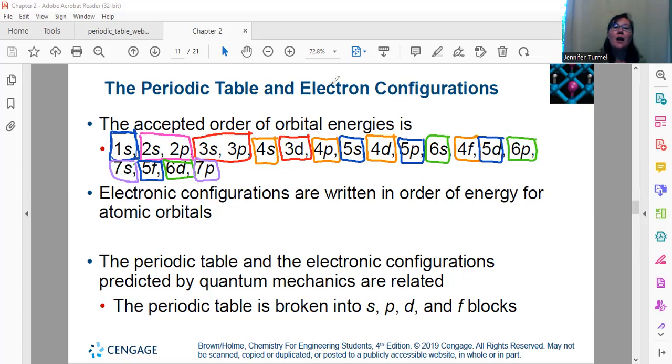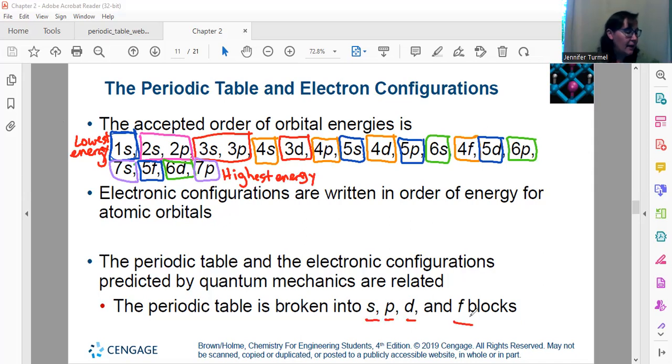So right here, this is the lowest energy level, and over here we have the highest energy.